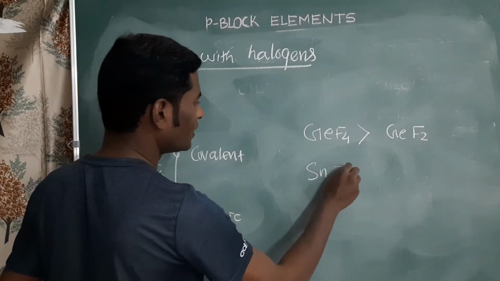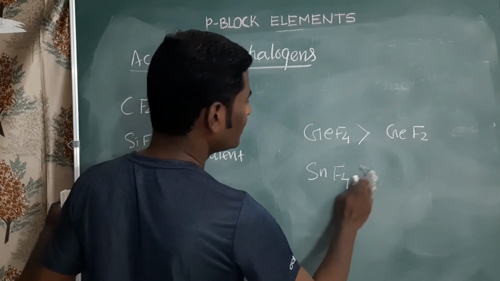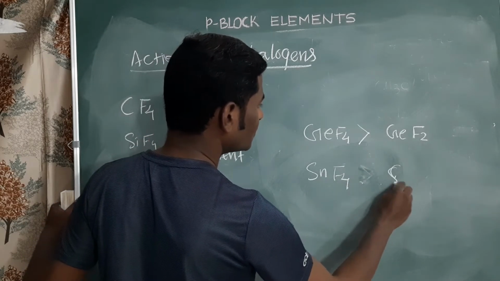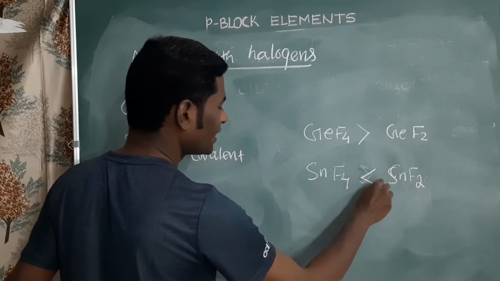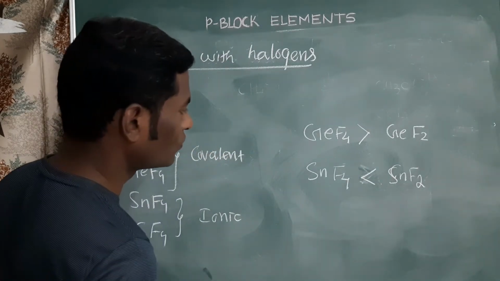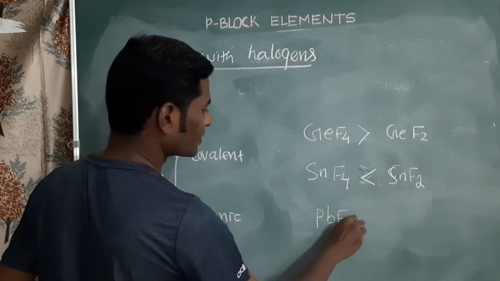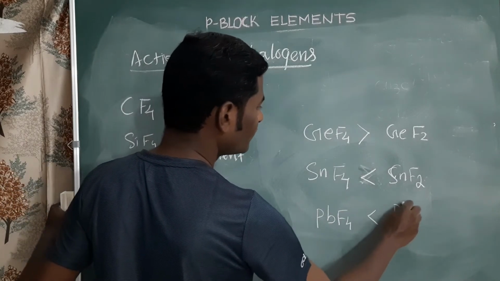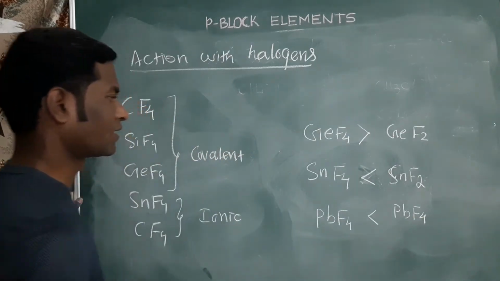Tin also gives tetra- and difluoride. Among these, the dihalide is more stable due to the inert pair effect, similar to lead. Lead difluoride is also more stable due to the inert pair effect.